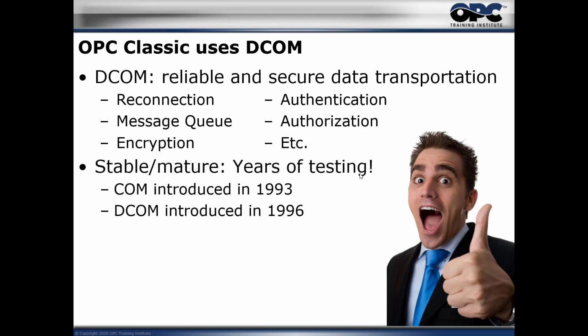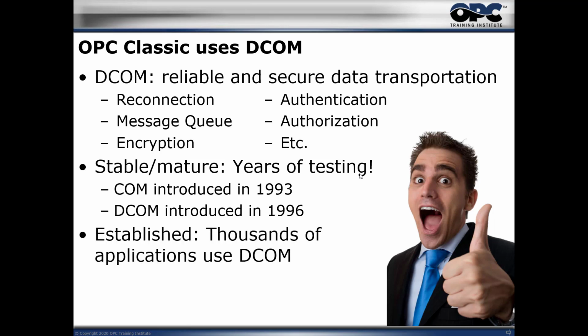It's also been around for many years. It's been around since 1996, actually. And today, there are tens of thousands of applications that are using DCOM outside the world of OPC. If you've used Microsoft Office applications like Word and Excel or PowerPoint, they're all COM applications. If you've configured Windows Firewall, you've used DCOM.